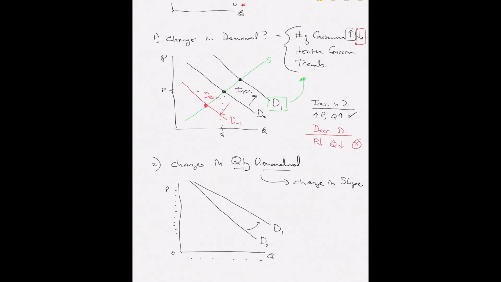So you've got demand base again, demand 0. And you could have a movement in other products that doesn't really add consumers to the market. It actually just moves the line with a rotation of slope. Now, this would still be an increase, but it's an increase in quantity demanded, not an increase in demand.